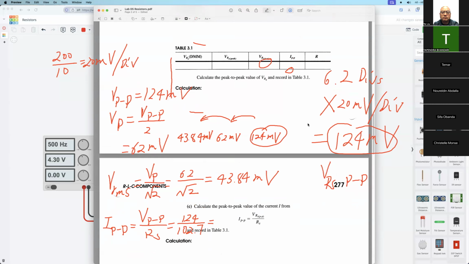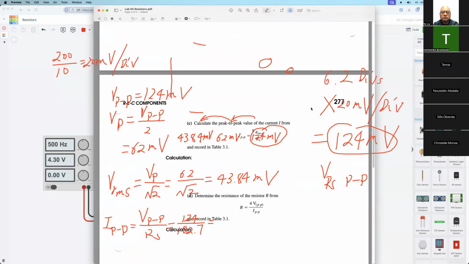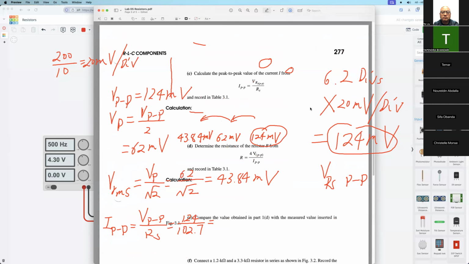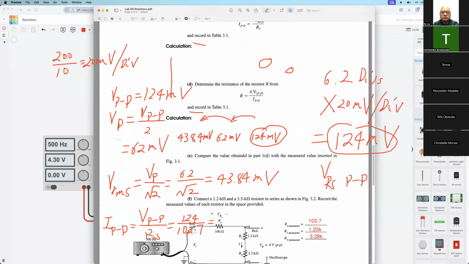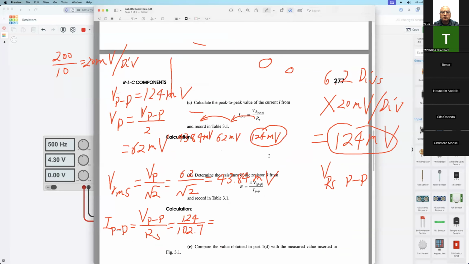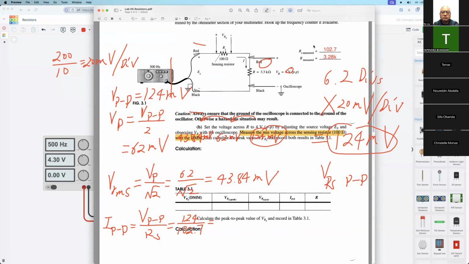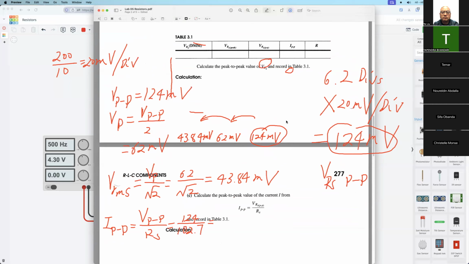Okay, then after this one, you compare the value. The value from the calculation with this measured value should be close, these two values. Okay.